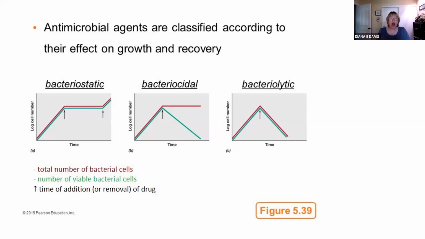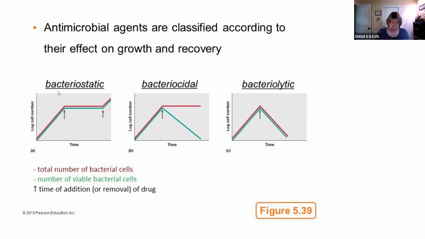When we talk about antimicrobial or antibiotic agents, we can see what kind of effect it has on the bacteria. So we've got three different terms here. Bacteriostatic. So we've got bacteria and we've got static. Static in this case means staying still, unchanging.